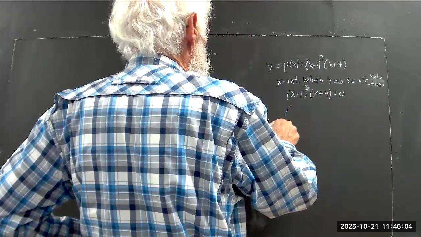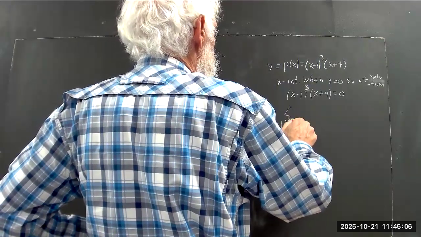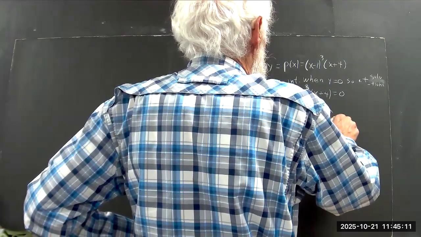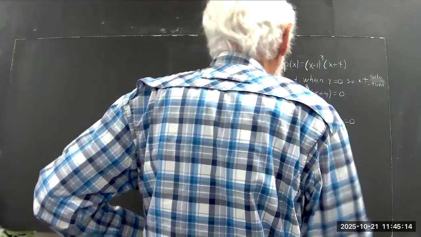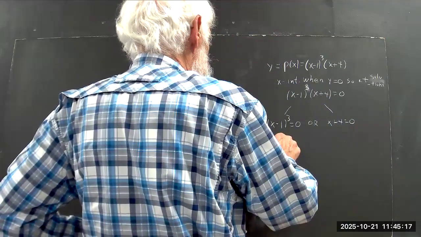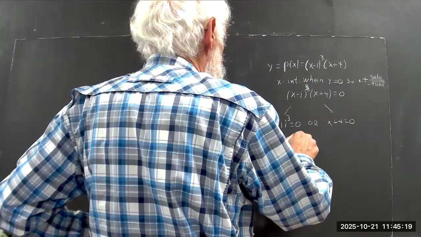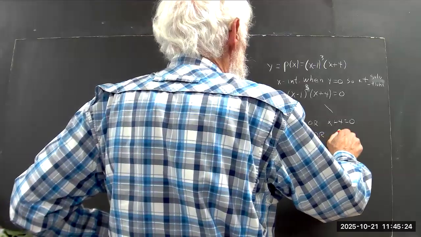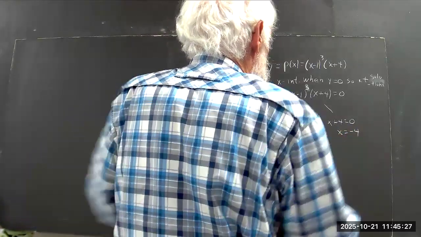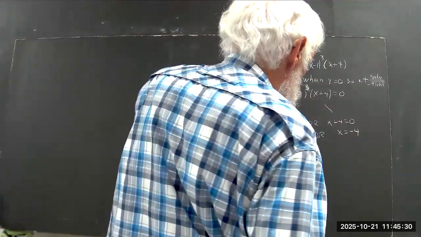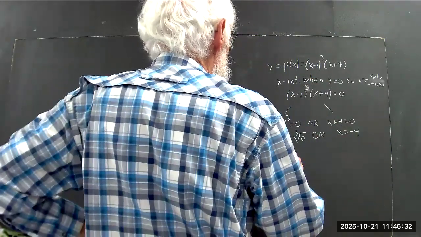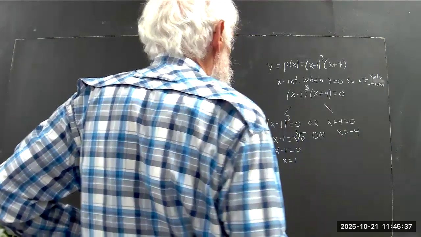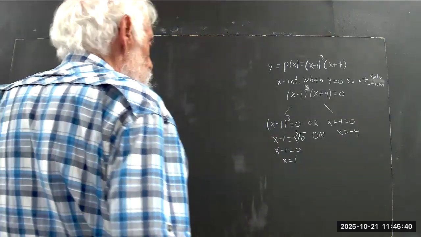Okay, so this gives us x minus 1 cubed equals 0, or x plus 4 equals 0. So x plus 4 equals 0 gives the obvious solution, x equals negative 4. Okay. And we get x equals 1.